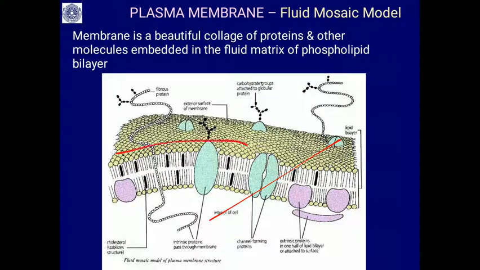You will see the phospholipids and the fatty acid tails, and these black ones are the cholesterol. Then extrinsic proteins, intrinsic proteins, then the carbohydrate moieties attached to the proteins or lipids, all these you will see. It is a beautiful collage of proteins and phospholipids.